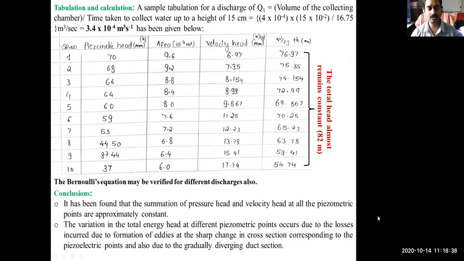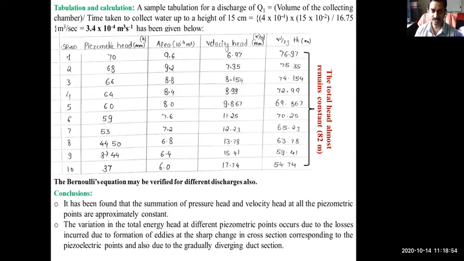The variation in the total energy head at different piezometric points occurs due to the losses incurred due to the formation of eddies at the sharp change in cross section corresponding to piezometric points, and also due to the gradually diverging duct section.